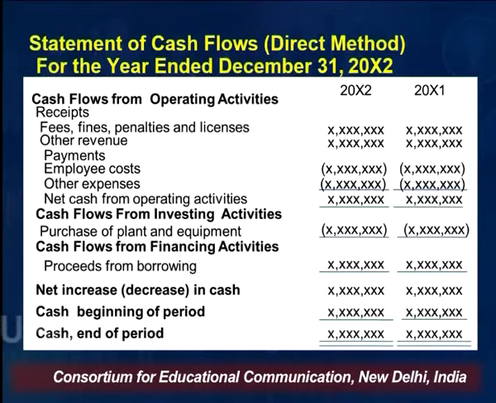So if you look here, we have employee cost and other expenses, and after adjusting expenses with the income, we come to know about net cash from operating activities. It will be either on the positive side or negative side. If your outflow supersedes the inflow, then obviously your net cash from operating activities shall be negative.